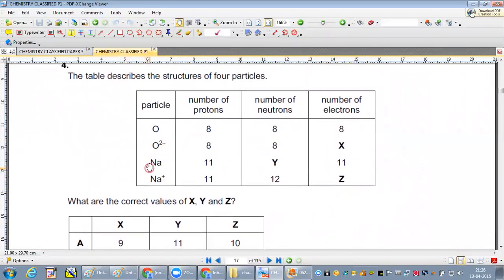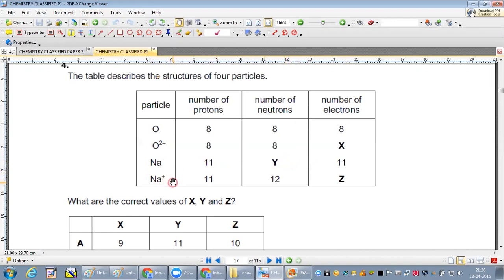The third of these species, sodium, is there. There is no charge over here. Again, the number of protons and electrons will be equal. Now we have to see what Y is going to be.